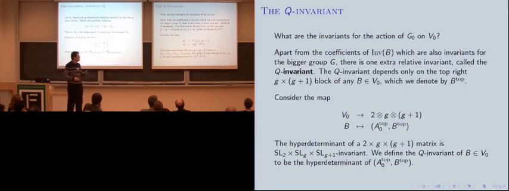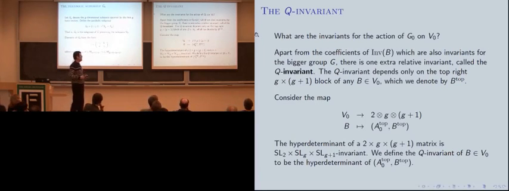The map takes any matrix B and sends it to A0 top, which means you take the top g by g+1 block of A0. It's fixed; it doesn't depend on B. And then the second component is the top right g by g+1 block of B. So this is just a map. There's no structure to it. Maybe there's a group invariance, but apart from that, there's nothing.